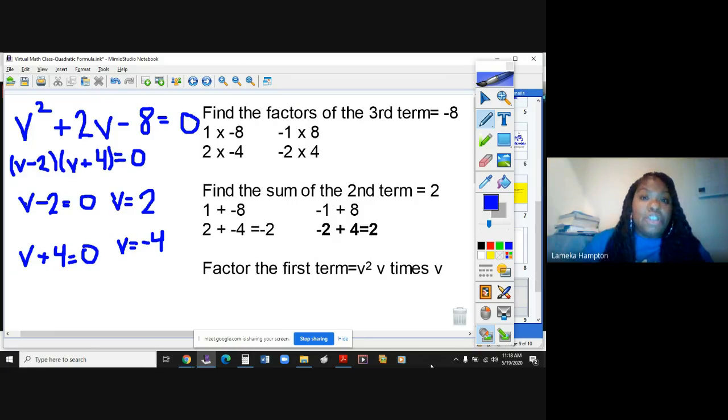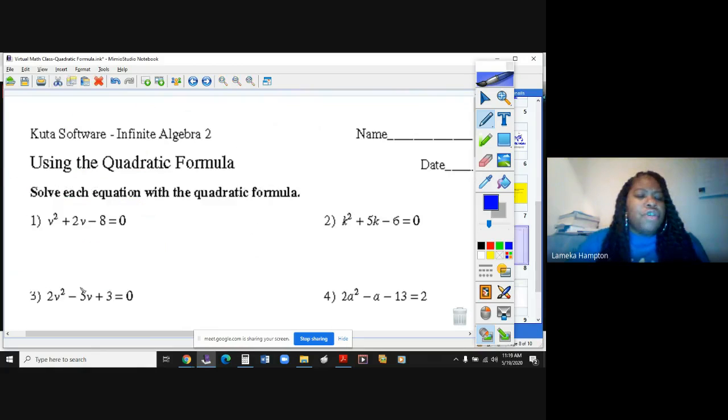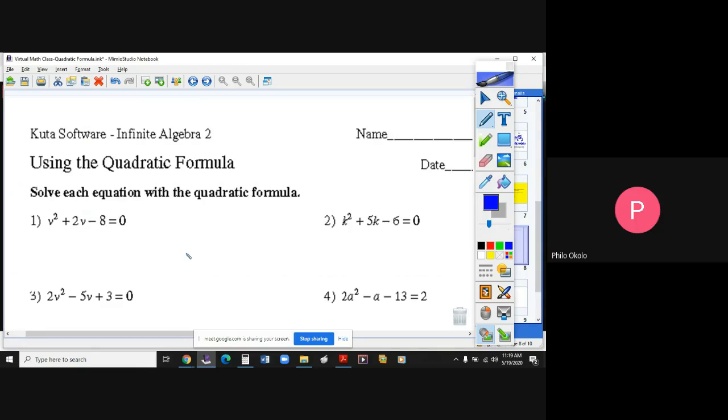But what I'm saying is, when it comes to problems such as number 1, you can use the quadratic formula, or you can use what we learned last week, which was factoring trinomials. The only difference now is we're just setting everything equal to 0. So we've gone from expressions to equations. Does that make sense?